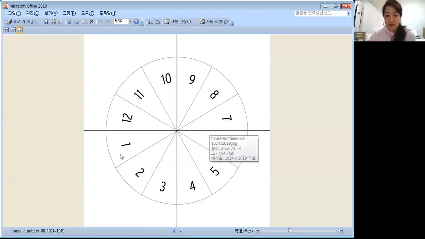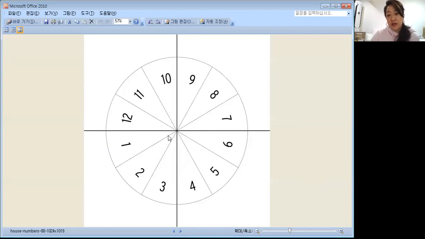And you see that we're starting your house numbers with 1, and each segment of the pie is numbered 1, 2, 3, 4, 5, 6, 7, 8, 9, 10, 11, and 12. So each house actually corresponds to the sign of the zodiac.